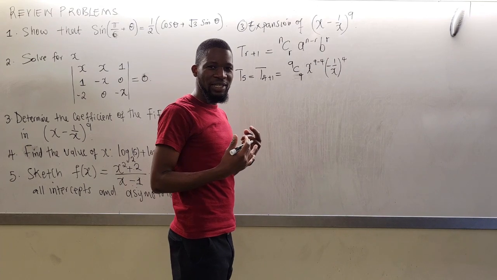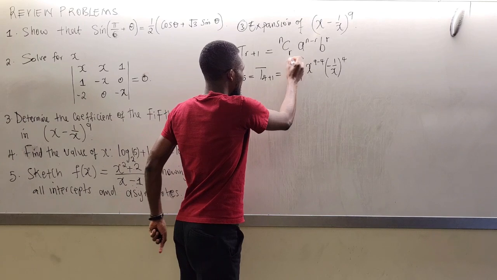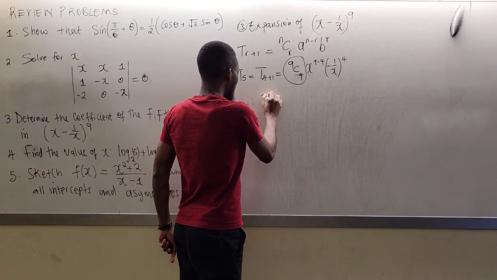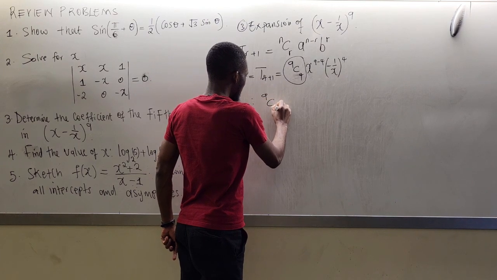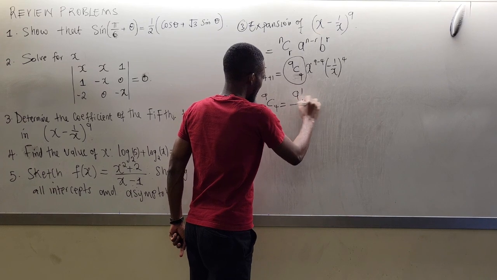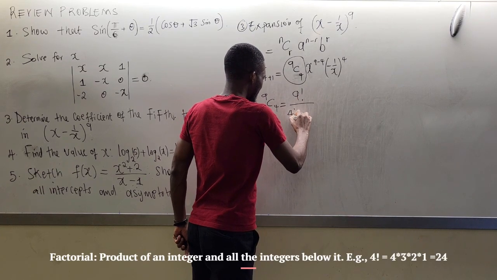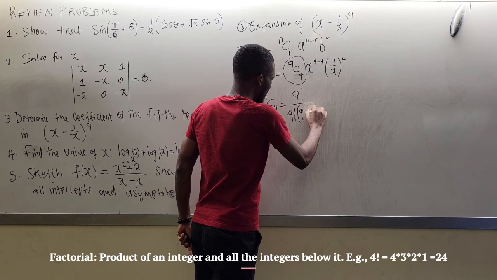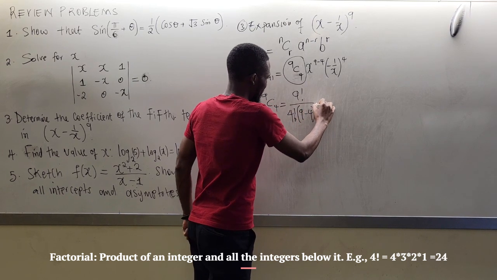We are only interested in the coefficient, which is that guy. So, therefore, the coefficient is 9 combination 4, which is equal to 9 factorial divided by 4 factorial, 9 minus 4 factorial.